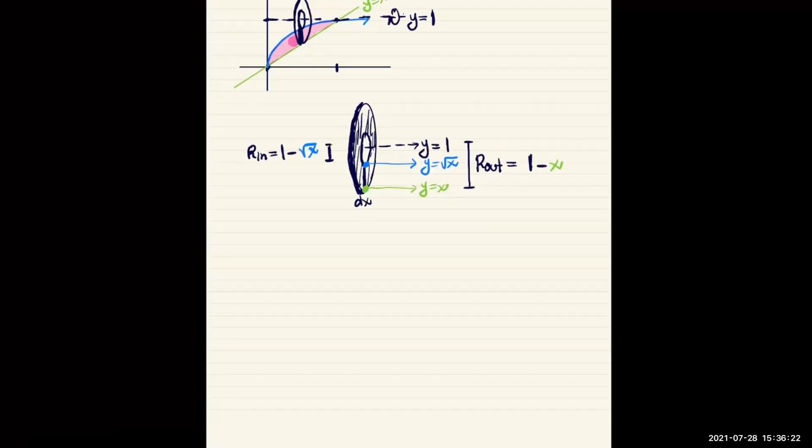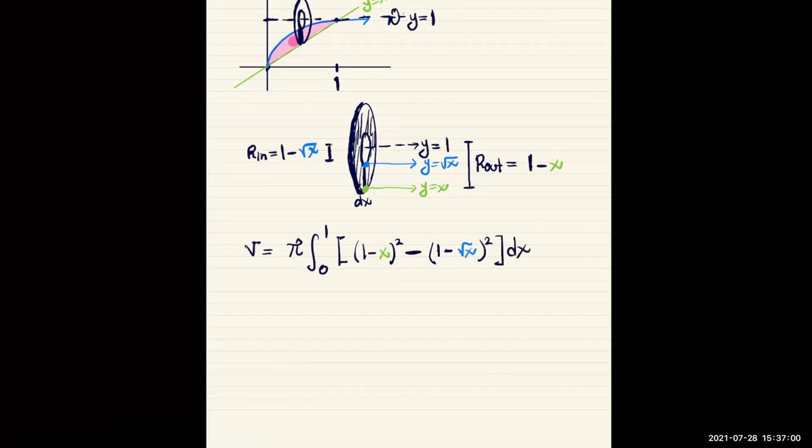Okay, so by now volume is again pi, factor it out, integral from 0 to 1. The outer radius squared, which is 1 minus x squared, minus, so we are doing the outer volume minus the inner volume, minus the inner radius squared, 1 minus root x.